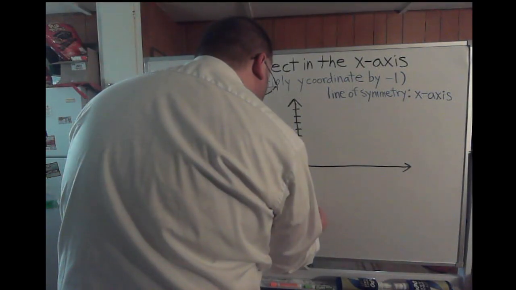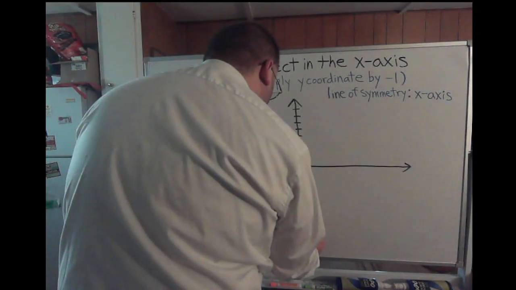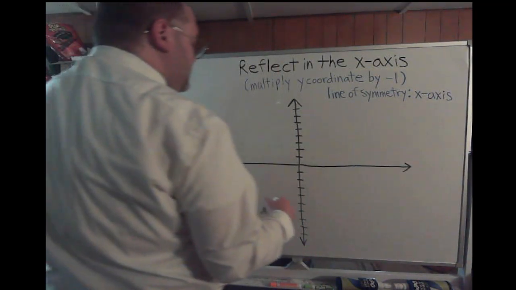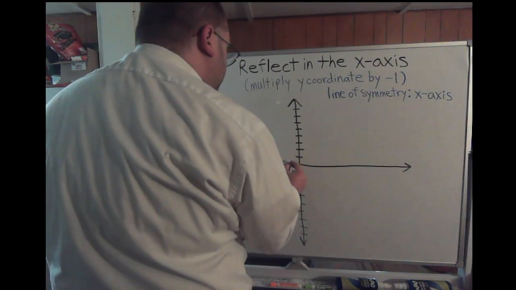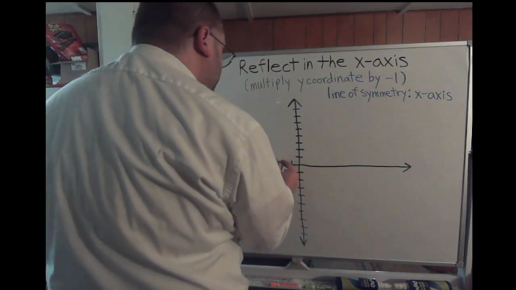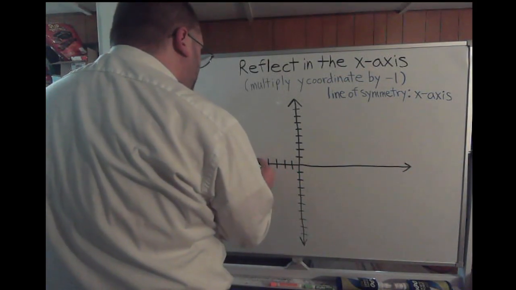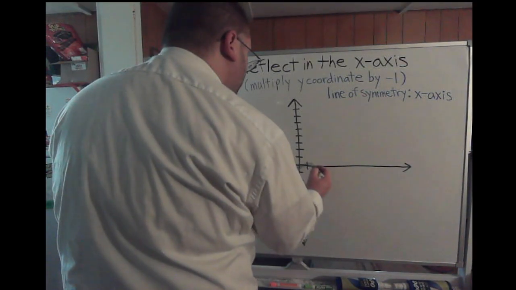Again, for today's purposes, I think we'll stick with triangles. You can, of course, use quadrilaterals. You could use polygons of any type. You can use all kinds of shapes to reflect. But I think triangles are probably the easiest to work with. So we're just going to stick with that. Almost done here.